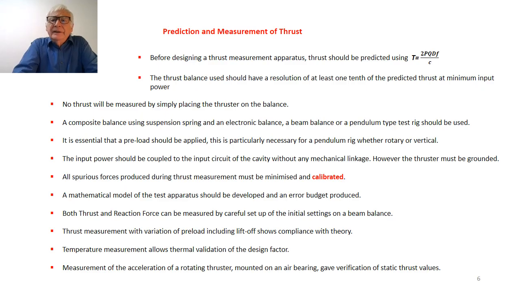Bear in mind that the most variable component of that thrust equation is Q. Therefore, what you should do is to use the measured Q to determine your predicted thrust. Now, whatever balance you use, it should have a resolution of at least 1/10 of the predicted thrust at minimum input power that you're going to apply.